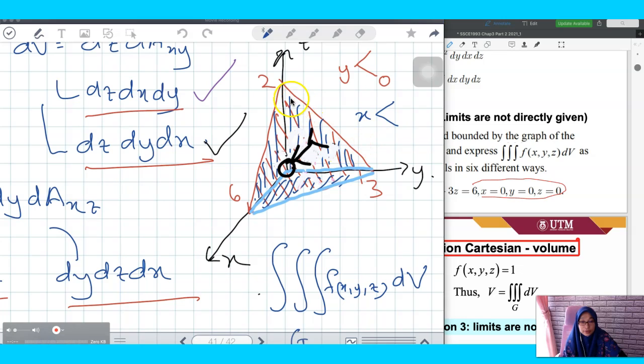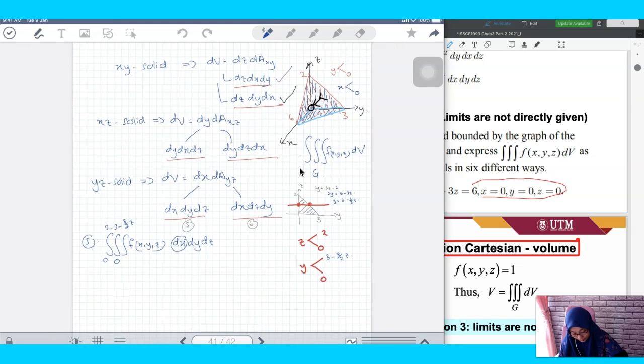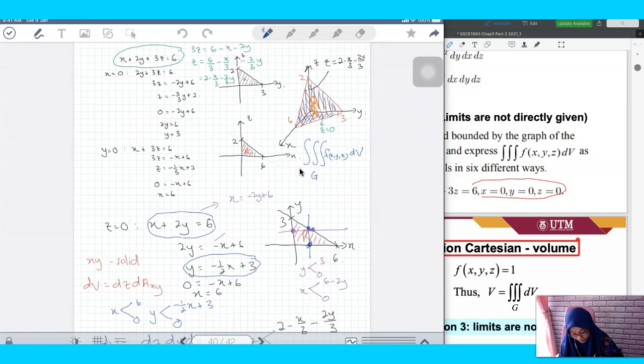Your lower bound is x equals 0. And your upper bound is part of the tetrahedron. So what is the equation of the tetrahedron? You have x plus 2y plus 3z equals 6. When we rearrange this, you just need x, so you have 6 minus 2y minus 3z.